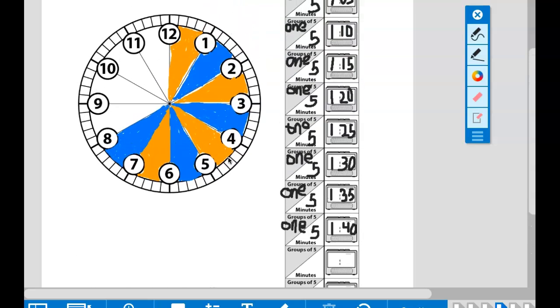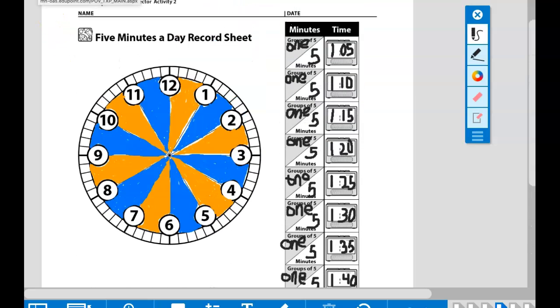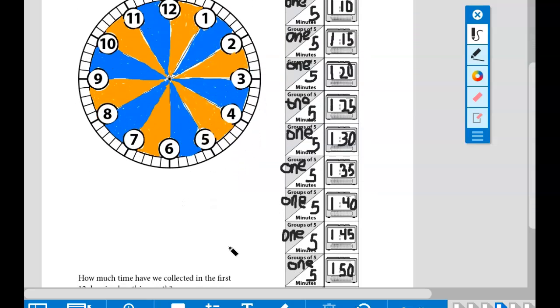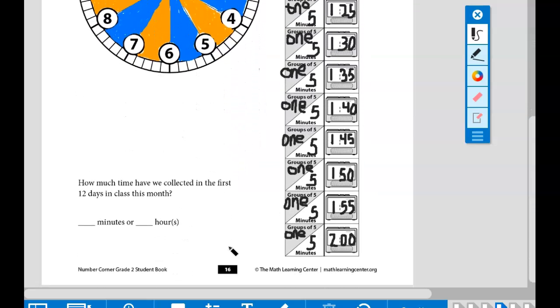So let's fill everything in. Now that we have our record sheet all filled in, our whole clock is covered in colors, a light color and a dark color all the way around, and our minutes and times strip is filled out all the way up to 2 o'clock with 1 group of 5 minutes.